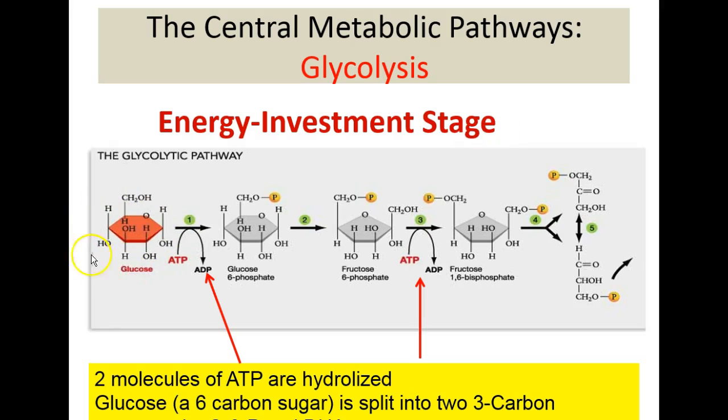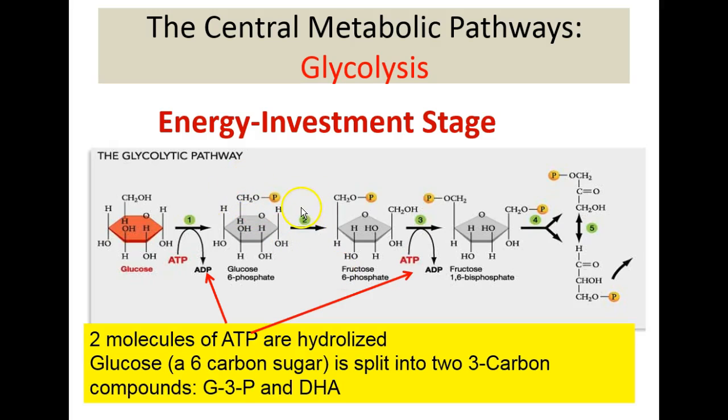During these steps, glucose, a 6-carbon monosaccharide, is phosphorylated using an ATP molecule. So ATP will be hydrolyzed into ADP. ATP loses a phosphate. The phosphate attaches to glucose, and the product of the reaction will be glucose 6-phosphate with the phosphate attached to sugar carbon number 6 of the sugar.